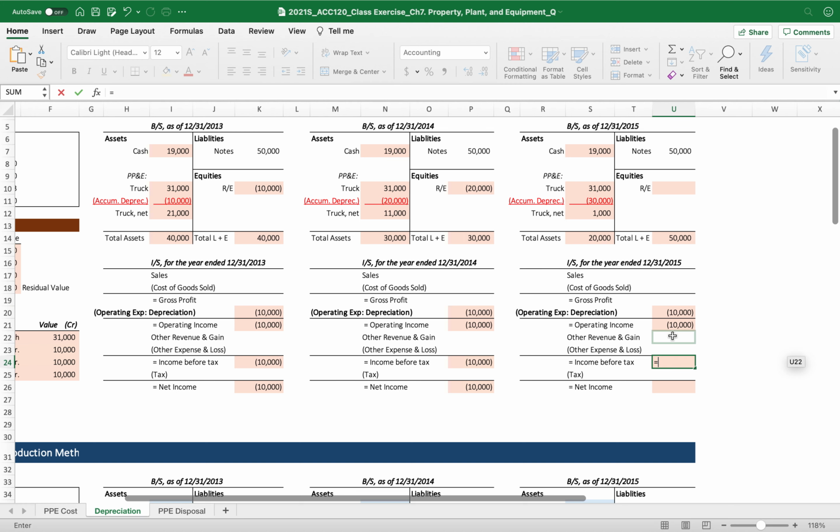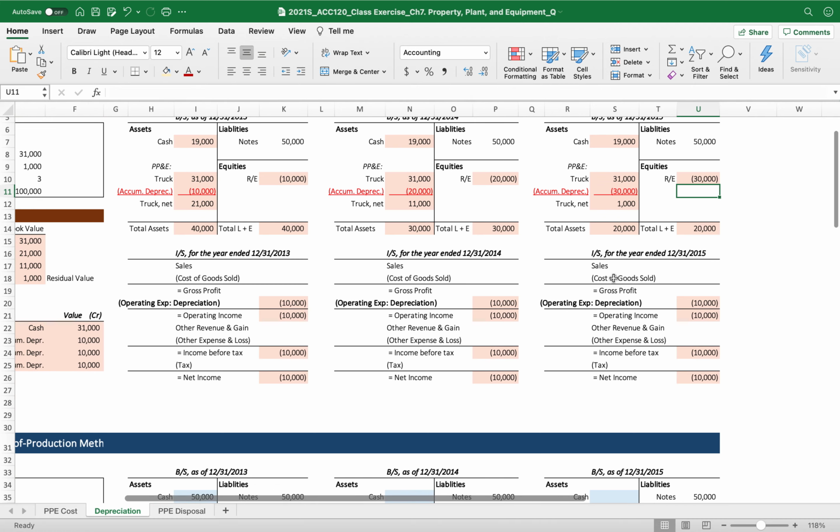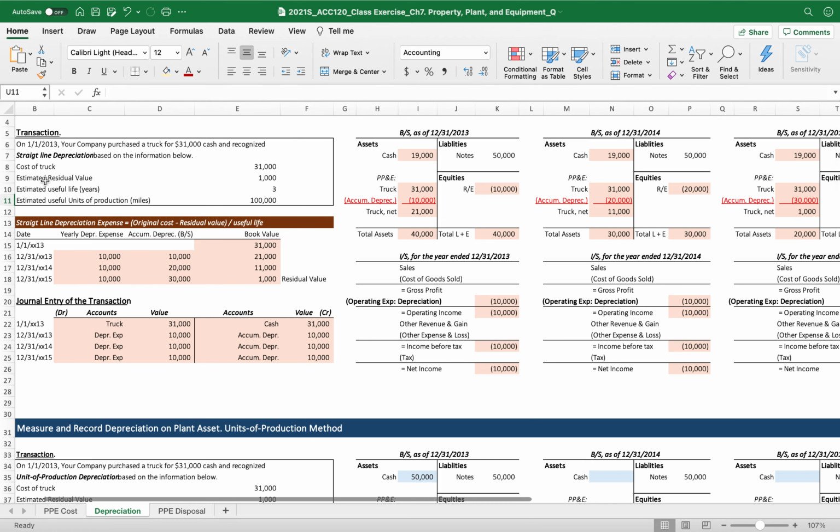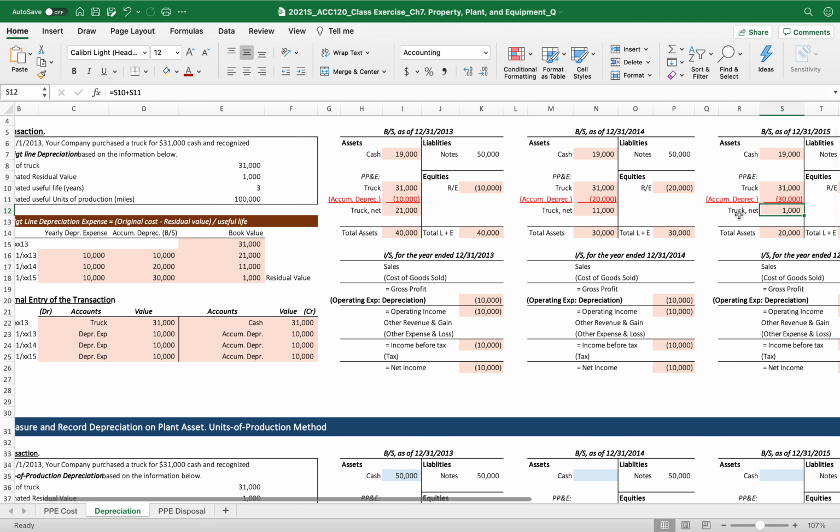Then income before tax, if you assume that there's no other transaction, the retained earnings beginning balance was $20,000. Then let's add this $10,000. So we got it. As you can see, we have the estimated residual value $1,000 here, and then in the last year the truck net book value is the residual value.